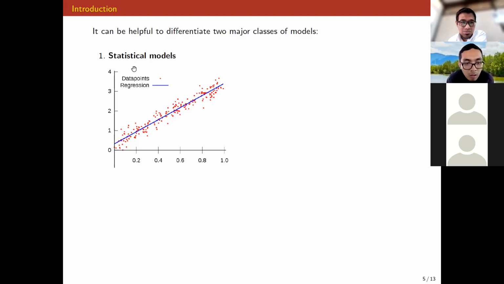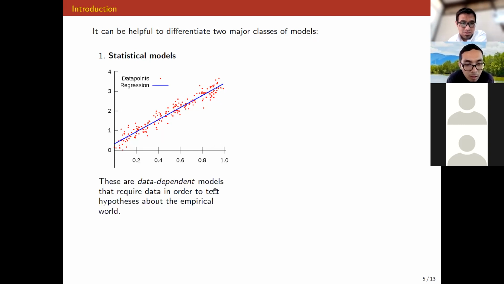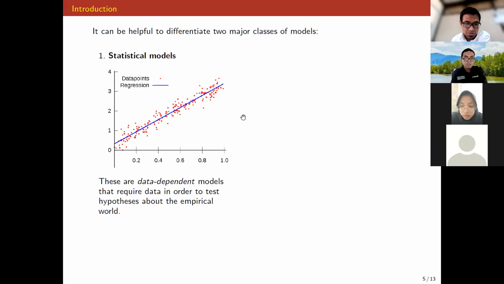In statistical models, it depends on data. The models are generated by statistics and depend on data, so we call them data dependent models.